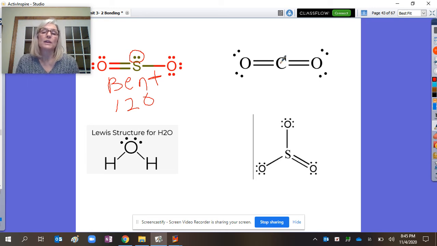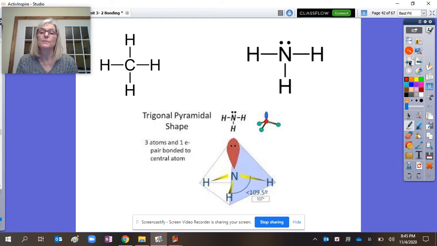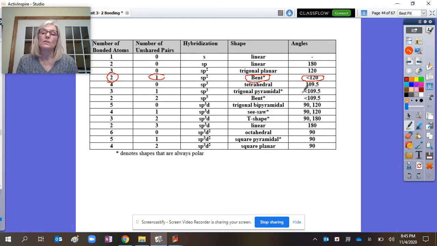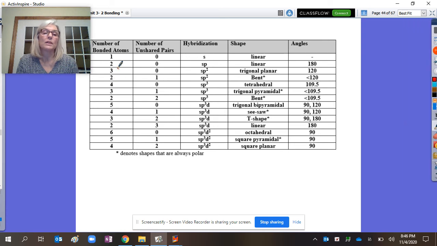What you're counting is how many atoms are bonded to carbon, and that's 1 atom, 2 atoms. So we have 2 bonded atoms and 0 unshared pairs. So we have 2 bonded, and that's 1. Here's 2 bonded, here's our 0 unshared pairs. So our shape is linear, and it's 180.